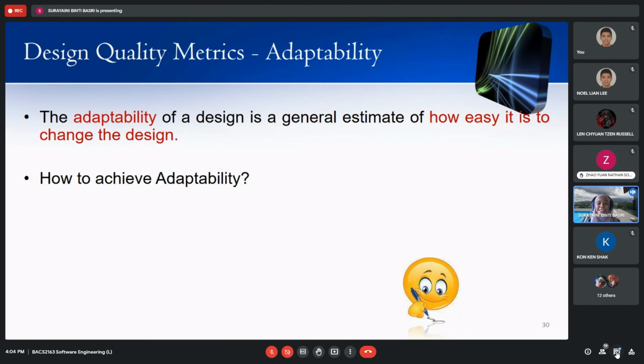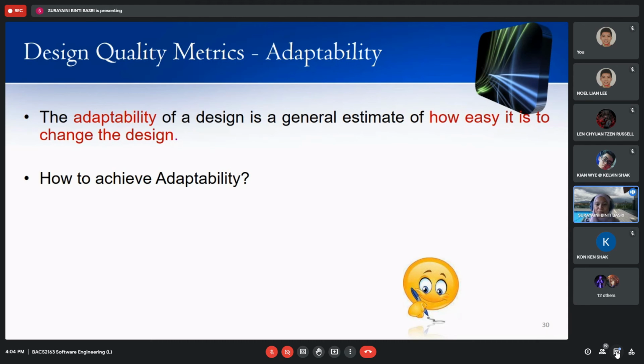So actually all of your answers are already there, but they are not really accurate. What I want to say is, for your system to have good adaptability, it must have the other three metrics that we have learned previously.